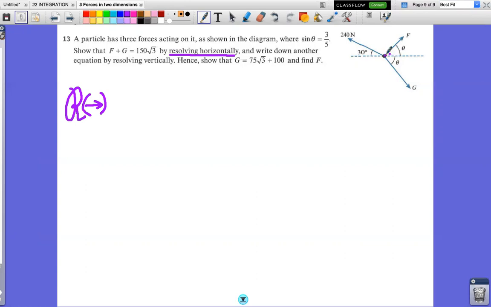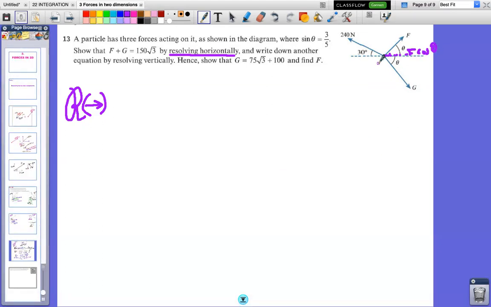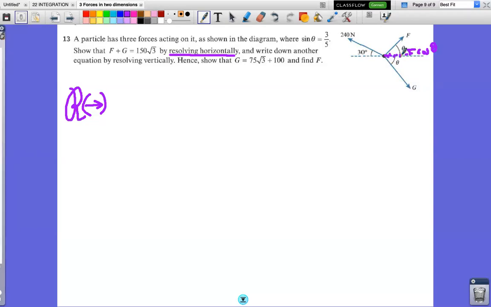So you have a horizontal component here, which is for F, F cos theta. And for G, it is G cos theta also. And the horizontal component for 240 is 240 cos 30.